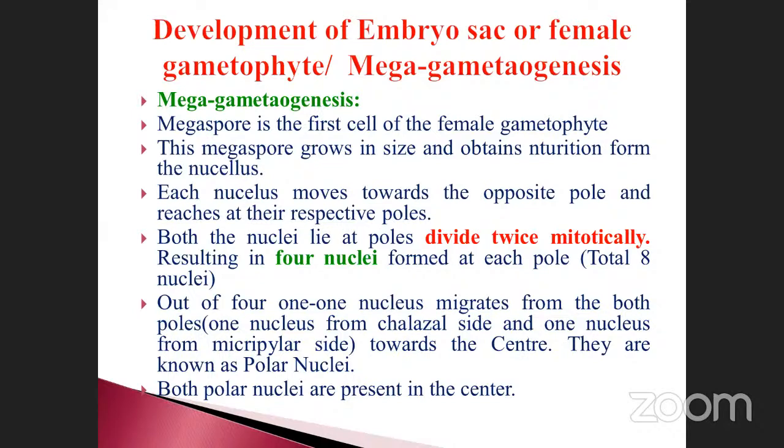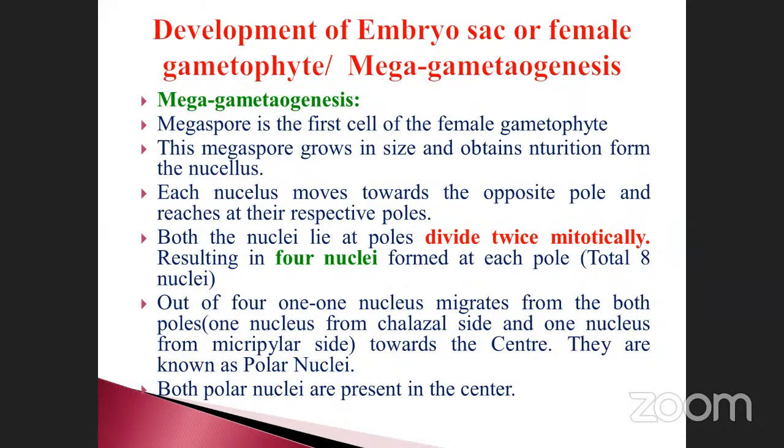Each nucleus moves towards the opposite pole and reaches its respective pole. When it reaches the opposite poles, what happens? Both nuclei lying at the poles divide twice mitotically, resulting in 4 nuclei at each pole. Total 8 nuclei. Out of the 4, one nucleus from each pole migrates, one from the chalazal side and one from the micropylar side, towards the center.